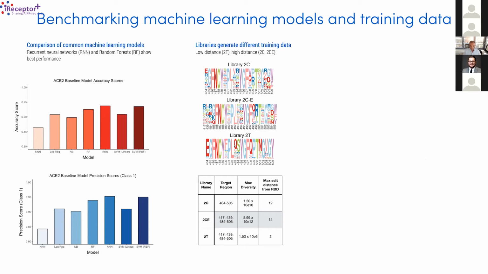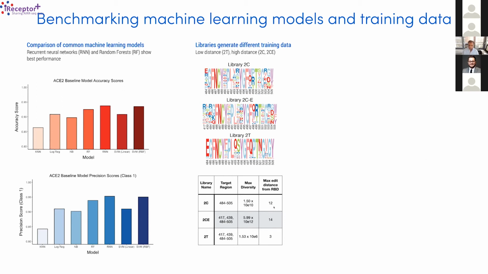Library 2T is a low distance library where only 3 positions were mutated at any one time. So if you look here, the maximum diversity, these are different, but more importantly, the distance from the original Wuhan RBD sequence is quite low or is quite variable.